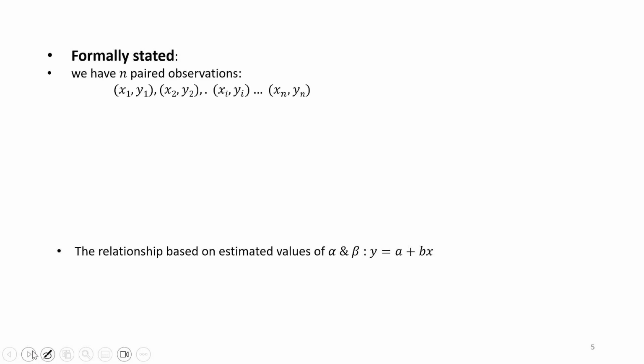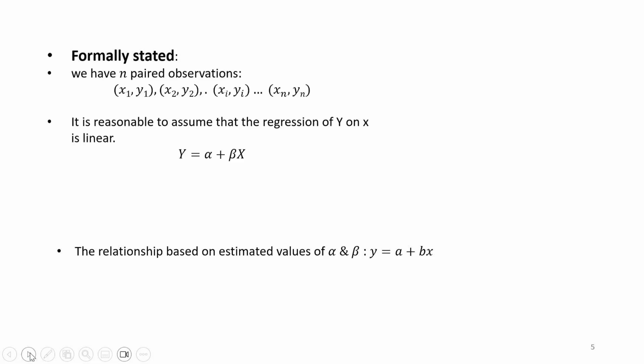Now if we want to formally state this, we have n pairs of observations: x1, y1, x2, y2, xi, yi, xn, yn. It is reasonable to assume that the regression of y on x is linear, with these assumptions. We need to determine the line which provides the best fit. That is what is important for us to know.